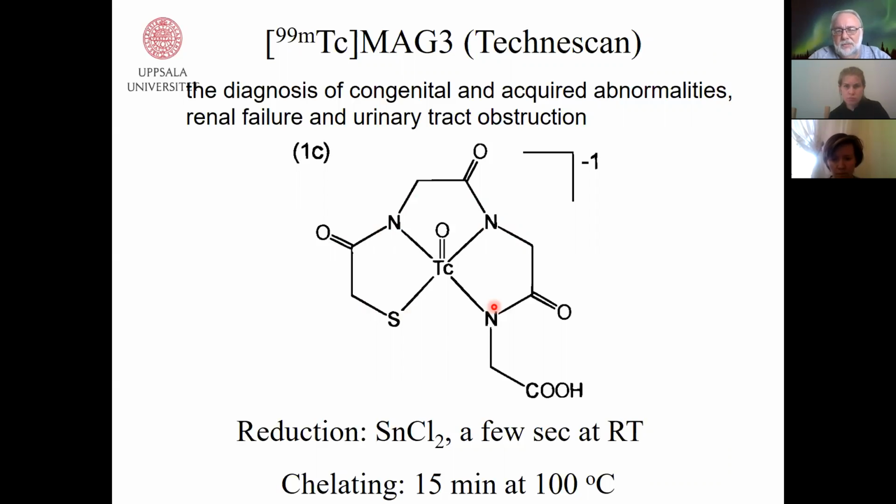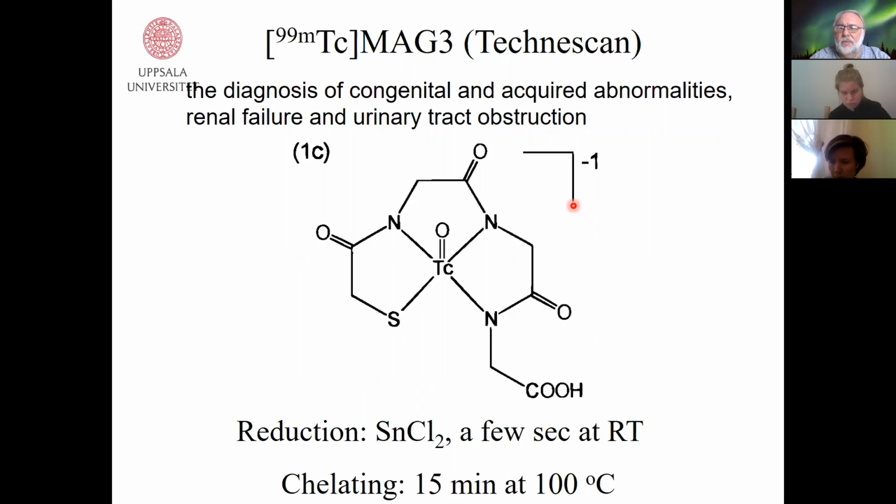So it's essentially a tripeptide where the mercaptoacetyl moiety is coupled at the N-terminus. It is charged, carrying a single negative charge, so it's water soluble. It does not penetrate through the vessel wall for this reason.